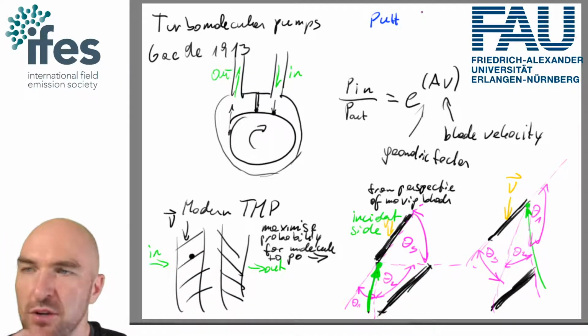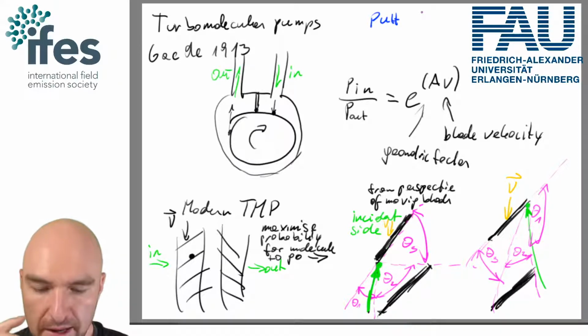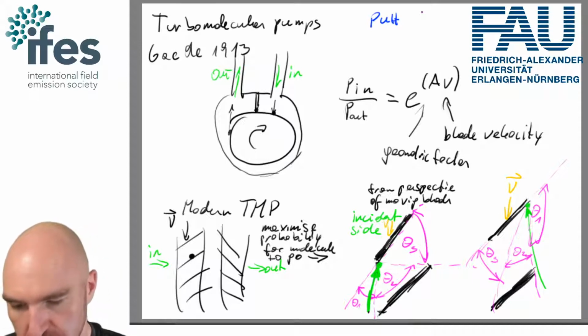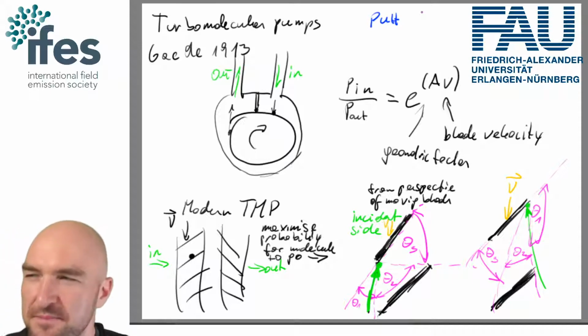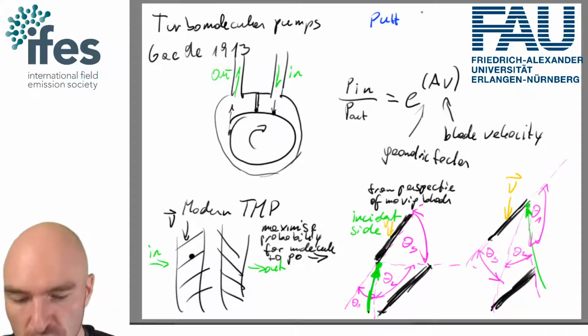So at some point, of course, the pressure is no longer going to be limited by the backing pressure, but by... people do turbos backed by turbos and get to pretty good pressure, so to an extent it is.